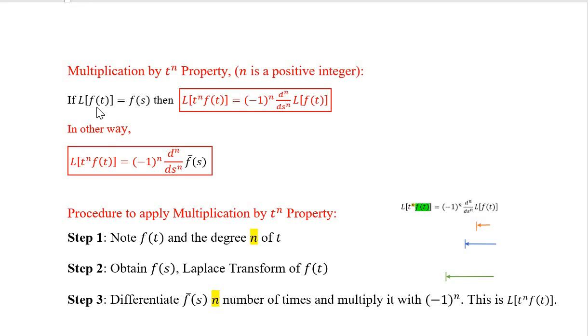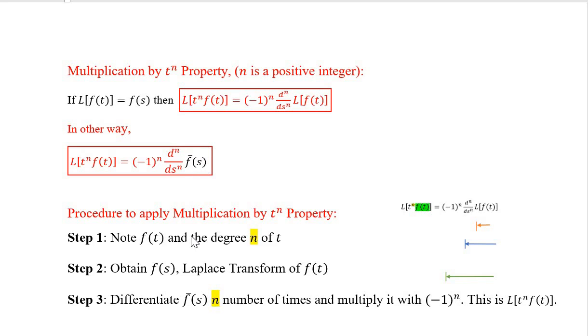It states that if Laplace of f of t equals f bar s, then Laplace of t raised to n into f of t is equal to minus 1 raised to n into d^n upon ds^n of Laplace of f of t. That is, Laplace of t raised to n into f of t is minus 1 raised to n into the nth order derivative of f bar of s with respect to s.